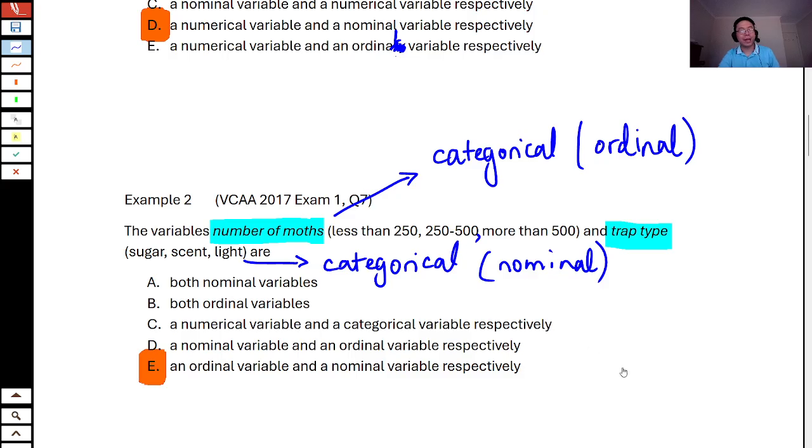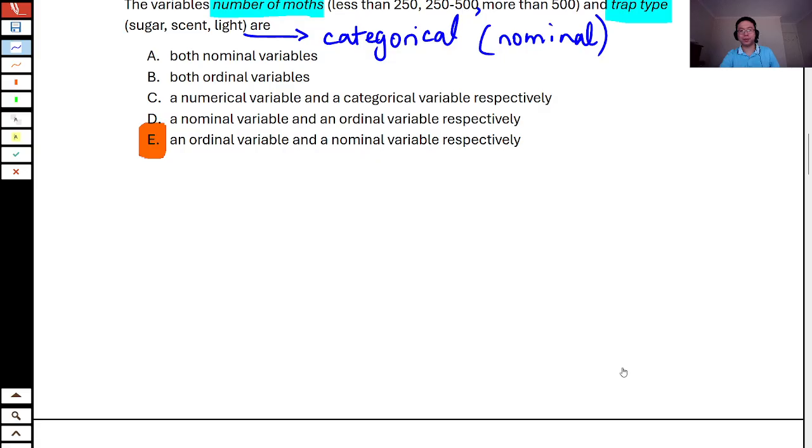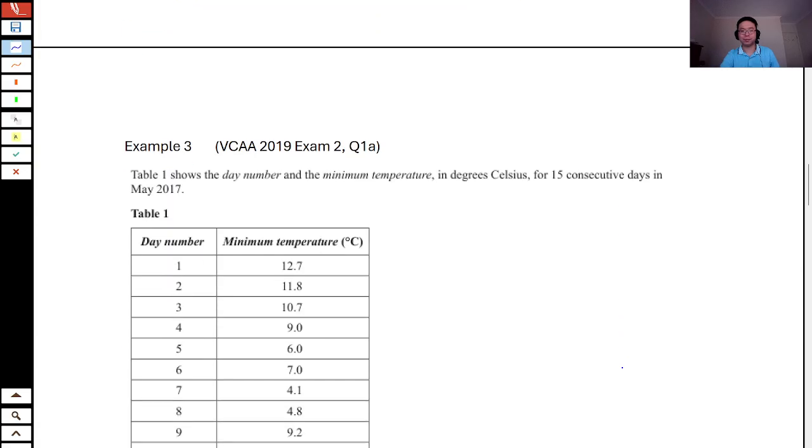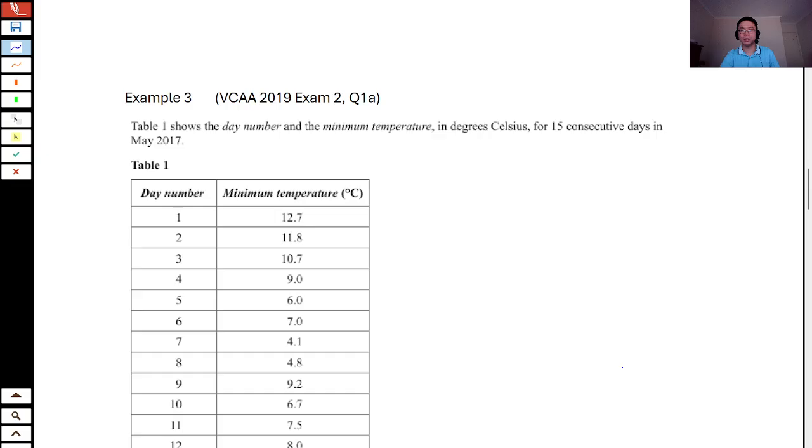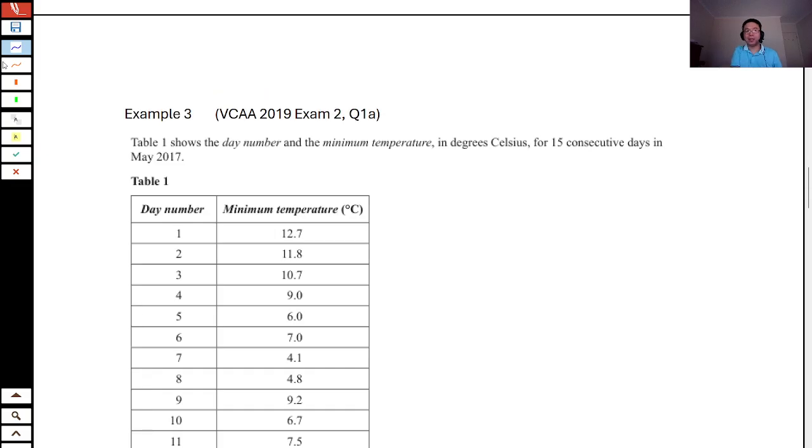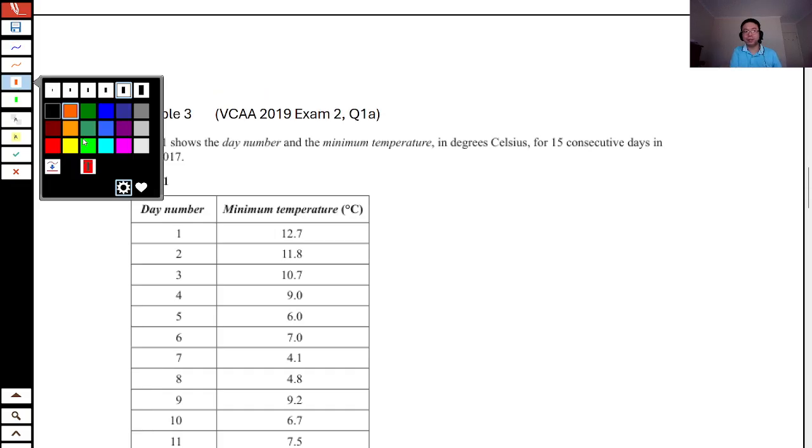All right, we're now going to look at two more exam questions for classifying variables, and these are contentious. The online discussions have disagreements with the VCAA assessment report. So here's the first example. We've got a table, and there are two variables.